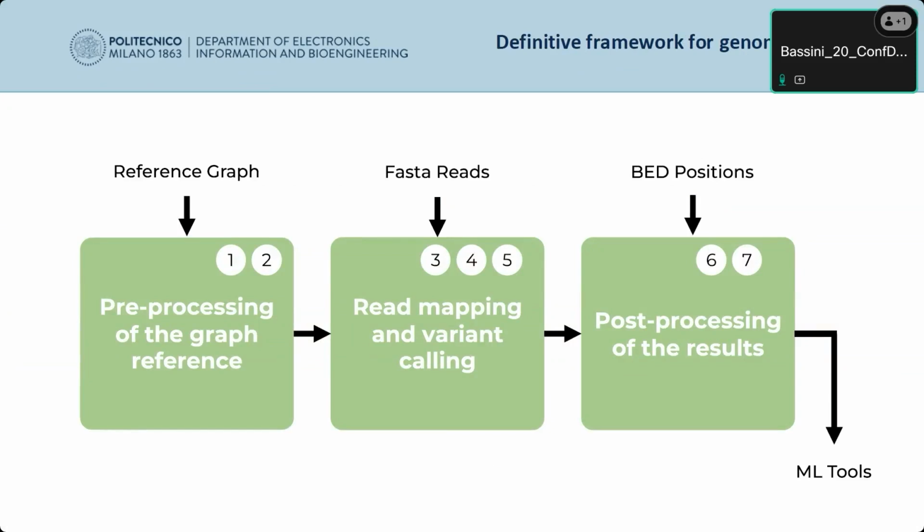In particular, I identified three steps: the pre-processing of the data, the application of read mapping and variant calling, and after that, the post-processing of the results, which can guide the end user, the bioinformatician, from the very raw data after the sequencing step to the application of machine learning tools for the interpretation of the data.